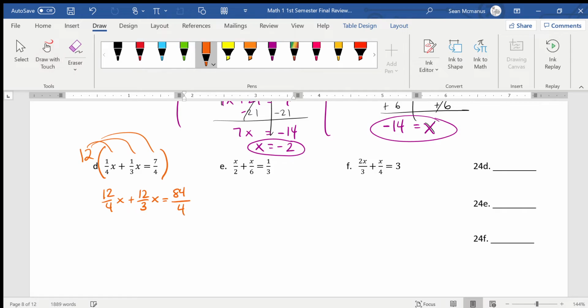So I just multiply every single thing by 12, and if I pick the right thing, then all these fractions will go away. 12 divided by 4 is 3. 12 divided by 3 is 4. 84 divided by 4, punch that in the calculator if I need to, it's 21. So now I combine my like terms. 7x is 21, and the x equals 3.